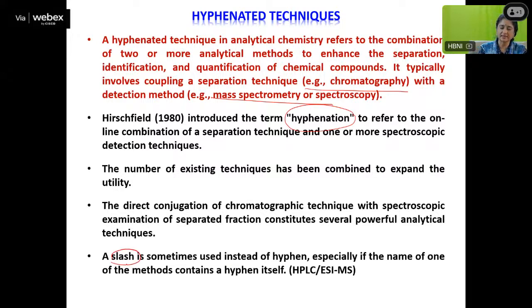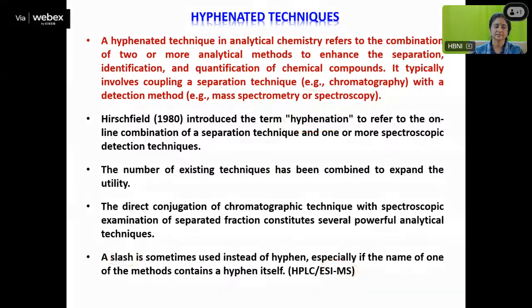Sometimes a slash is used instead of a hyphen if one of the techniques already contains a hyphen, like HPLC/ESI-MS. ESI is nothing but electrospray ionization mass spectrometry. So these are the terminologies.